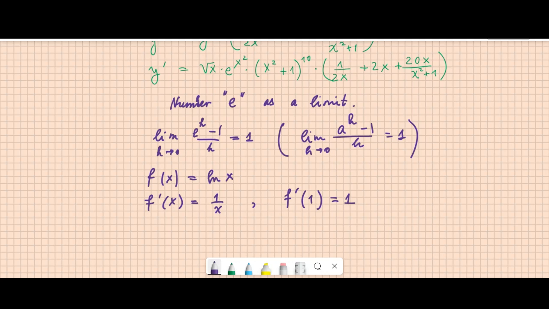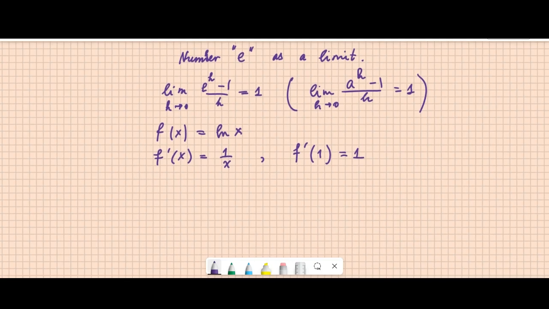Now I'm just going to write down what the derivative of the function is by definition. The derivative at point 1 by definition is going to be the limit as h approaches 0 of ln of 1 plus h, minus ln of 1, divided by h.